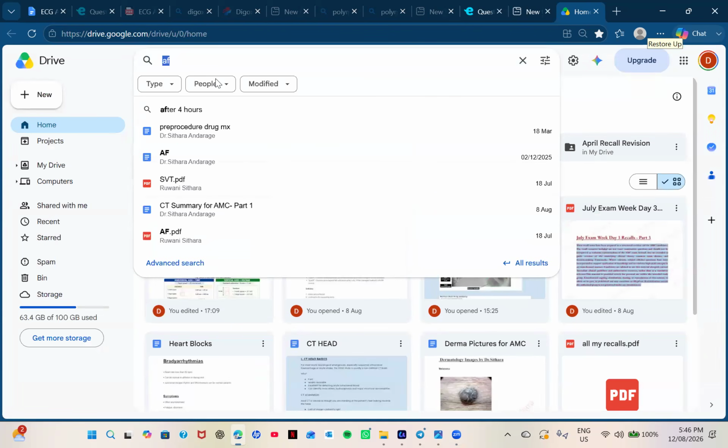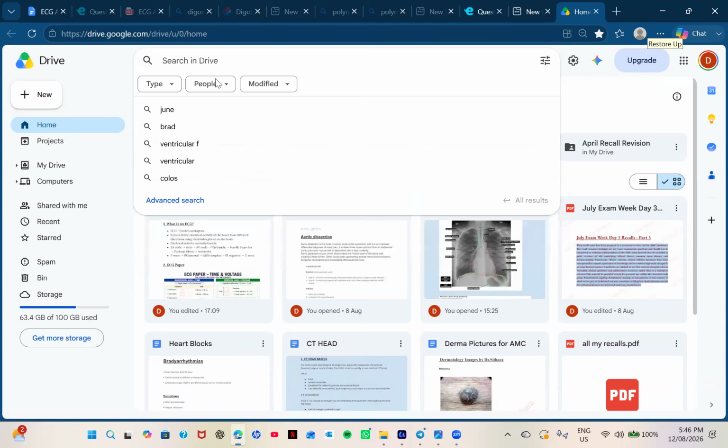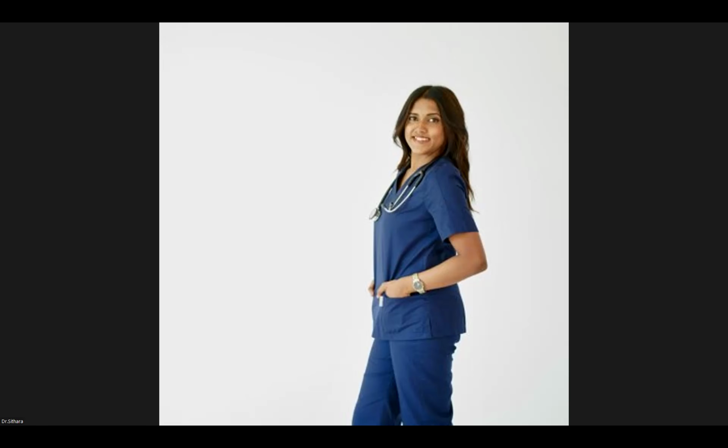VF, SVT, then what else? Ventricular tachycardia. What are the other things? Okay, 1 minute, doctors.